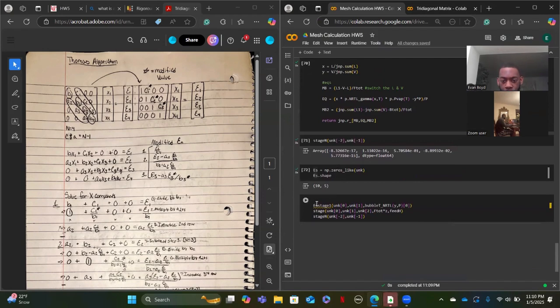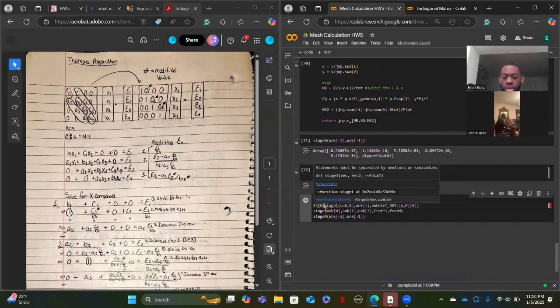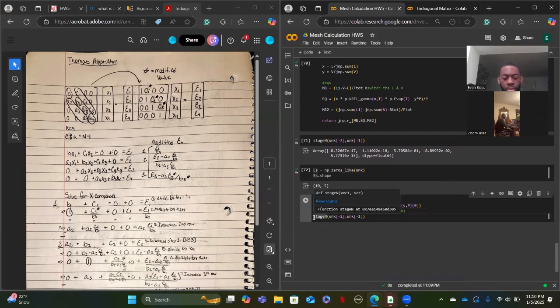So we take the first row and set this equal to our stage one. I think that's all we actually have to do, so we evaluate this. It's kind of just hard coding all this for the first part.